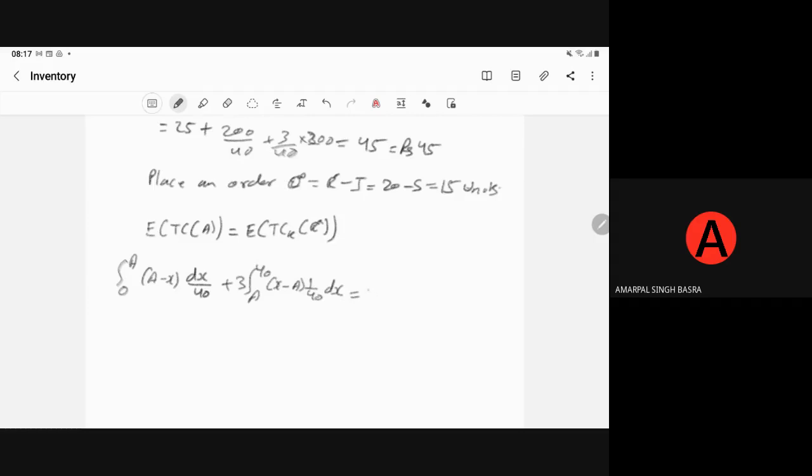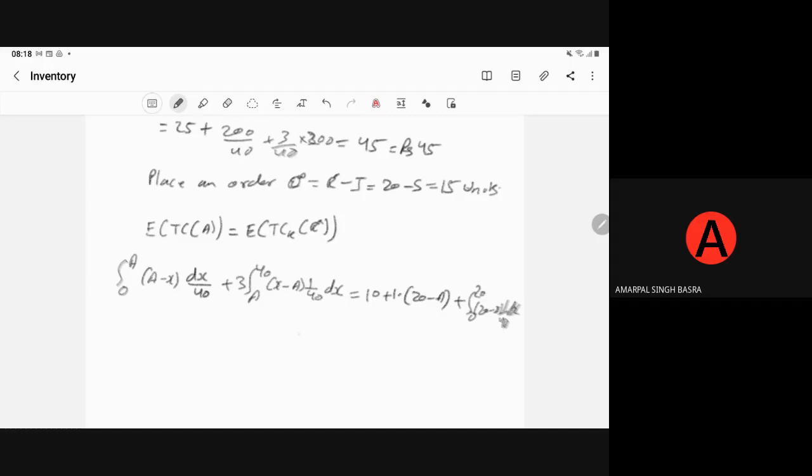So in this case, K is what? 10, plus 1 into the purchase cost. How much quantity do you have to purchase? 20 minus A. And what is the holding cost? 0 to 20, (20 minus x), 1/40 dx.